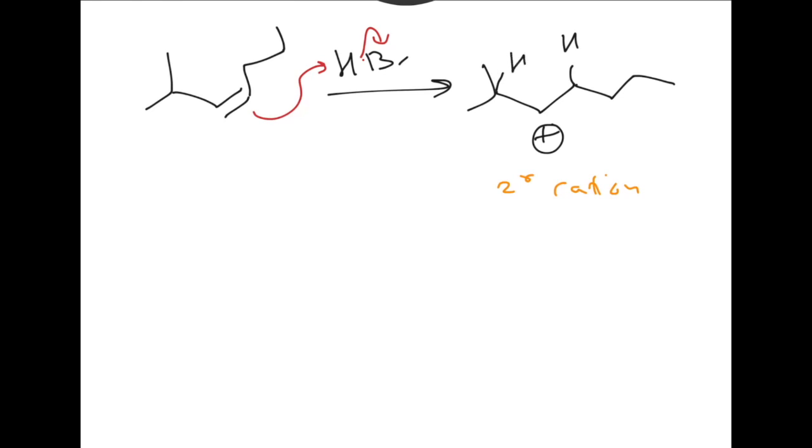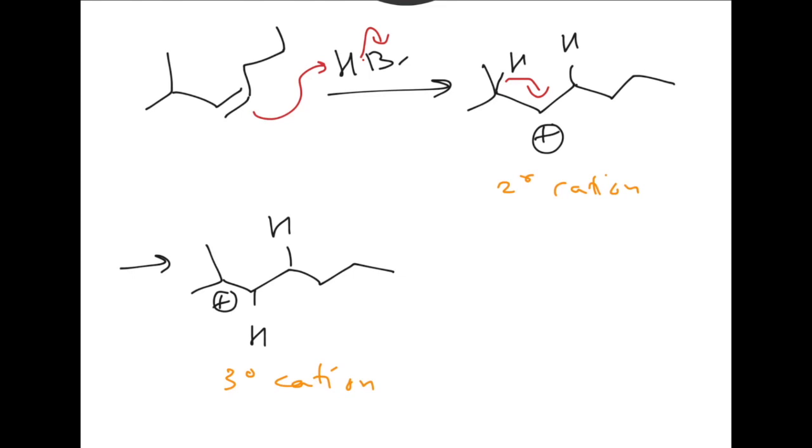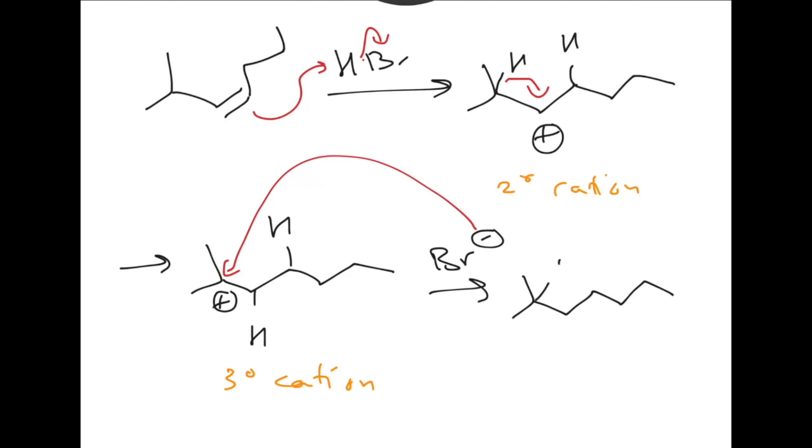And then your hydrogen will shift over and make a tertiary carbocation. And then your Br minus that you generated can add to that carbon, and that will give you your product.